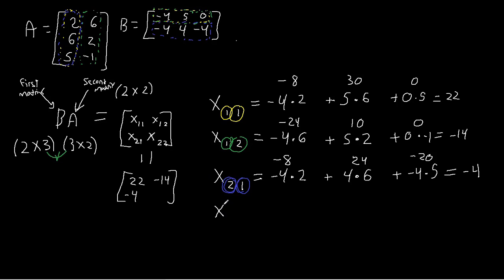Right, and then we can wrap this up by looking at this matrix indexed at 2, 2. So let's take a look at what that means. And we're going to do, let's do red, because we haven't done red yet. So this 2 right here is saying grab the second row of the first matrix. So that's going to be this again.